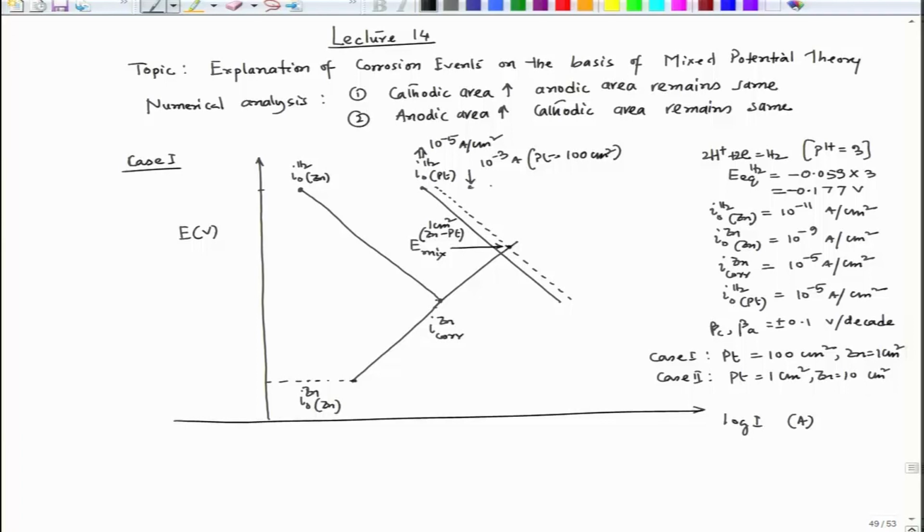Now, when you do that, we have to have its own plot. This is IC total in ampere equal to IC hydrogen over zinc of 1 centimeter square plus IC hydrogen over platinum of 100 centimeter square.